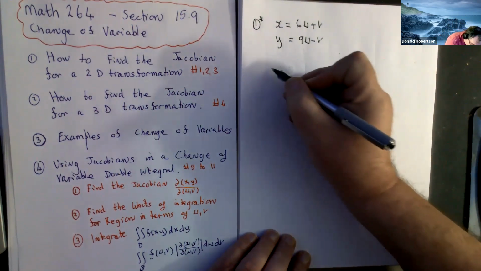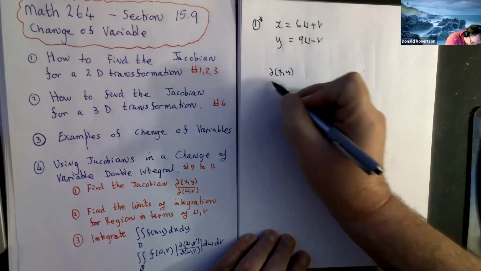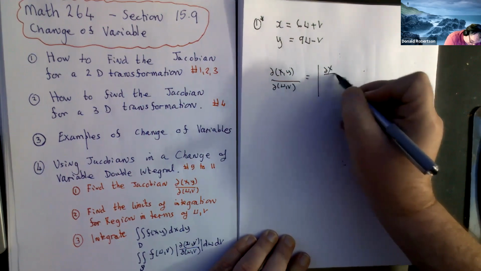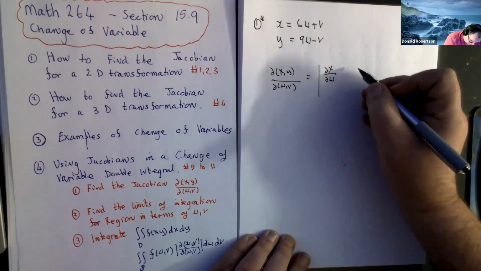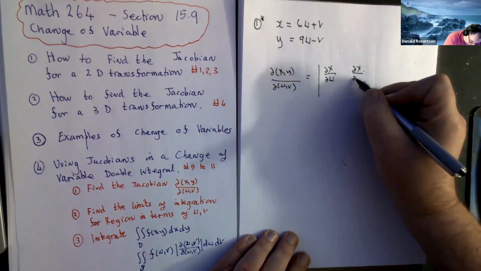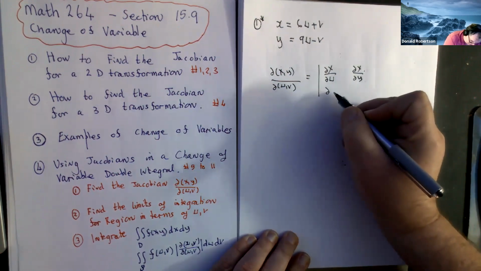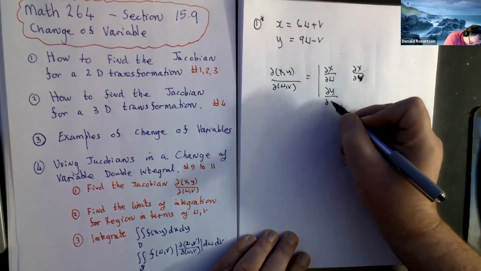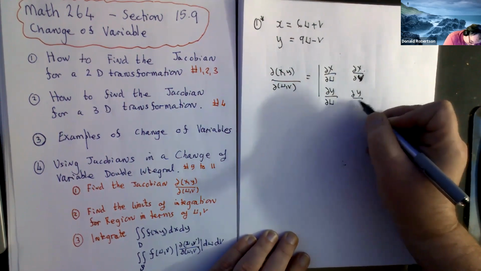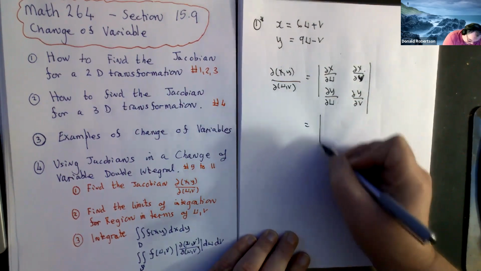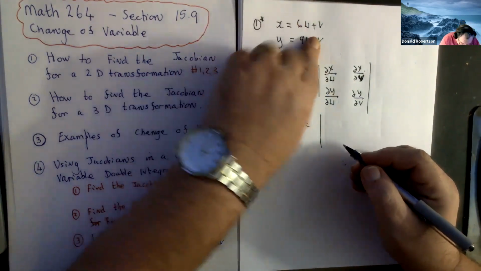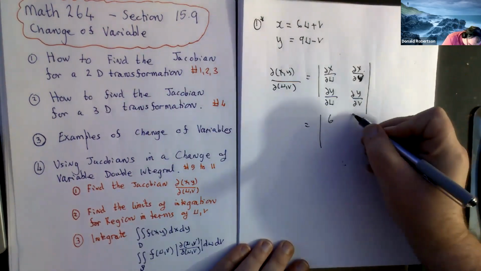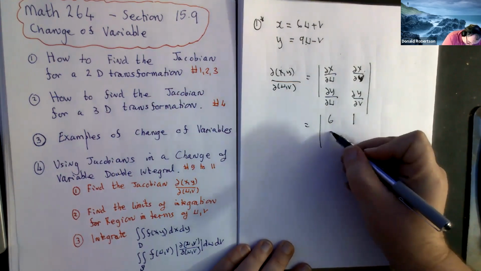Right, for this guy, the Jacobian, it's the partial derivative of x with respect to u, partial derivative of x with respect to v. Then you do y, that guy with u and v. Okay, they're going to be numbers. If you do this guy with respect to u, you get 6. With respect to v, you get 1. With respect to u, you get 9.